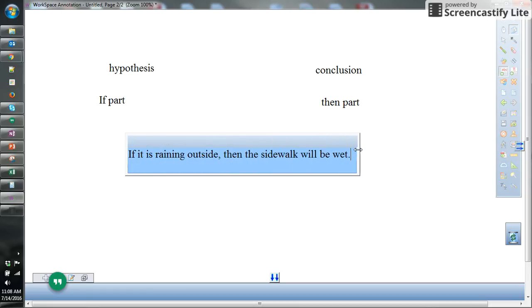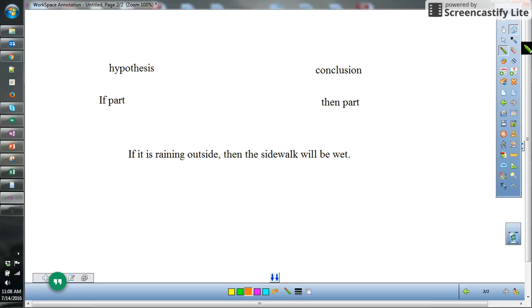Okay, so here is my statement. I'm going to use my highlighter to kind of dissect this with you. So my hypothesis of my statement is it is raining outside. That's going to be my if part. And then my conclusion of my statement is going to be my then part, which is the sidewalk will be wet. Okay.